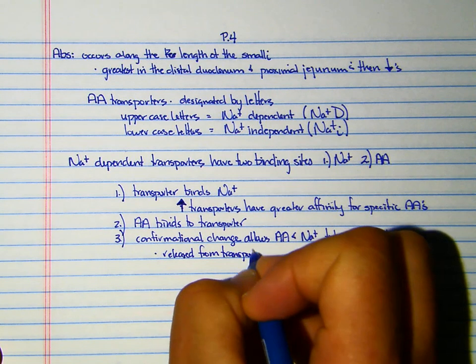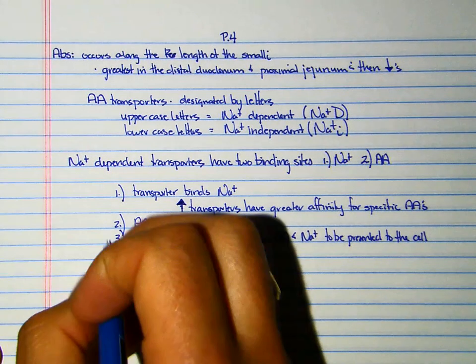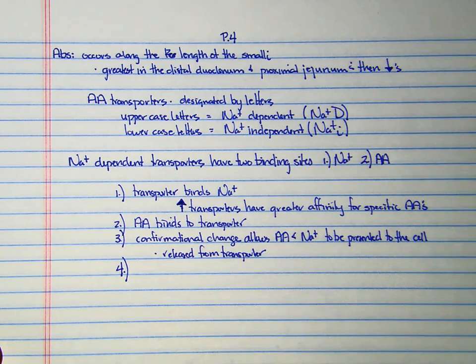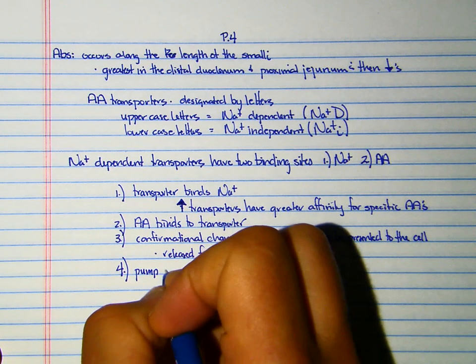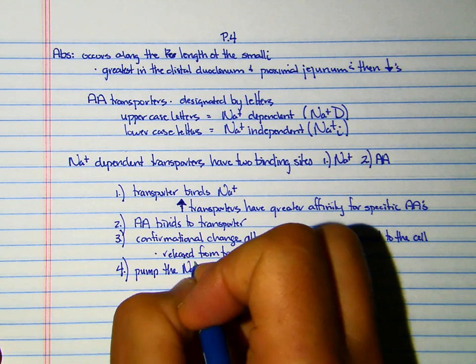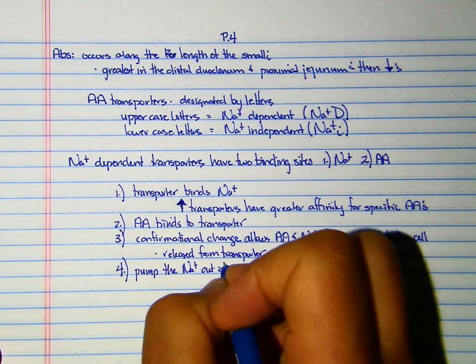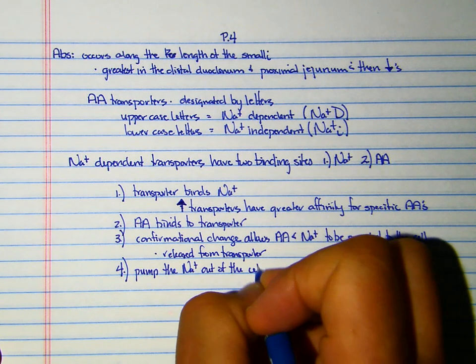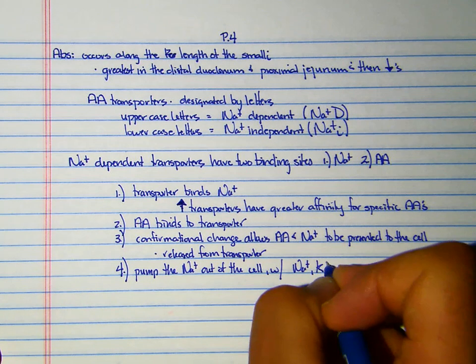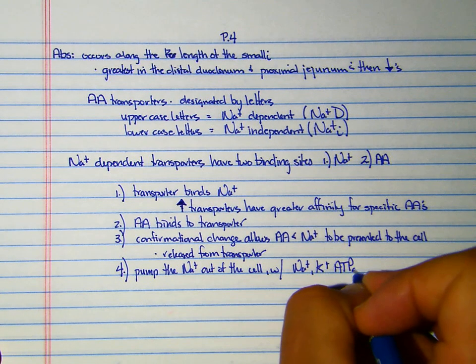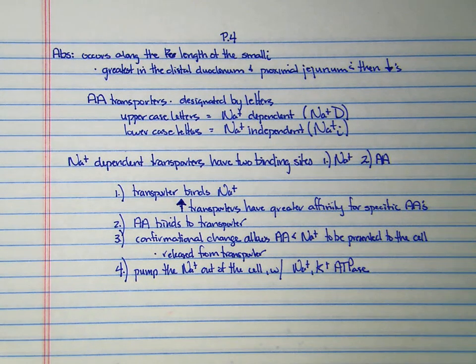from the transporter. So now you have an amino acid and the sodium in the cell, and the last thing you're going to do is pump the sodium out of the cell with our good friend, the sodium potassium ATPase. So the sodium potassium pump.